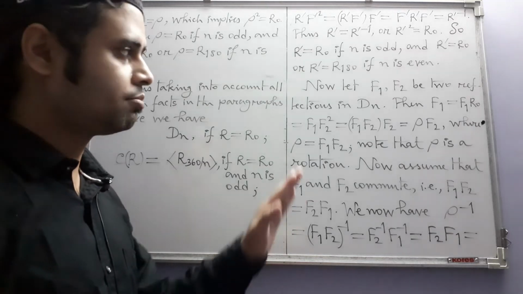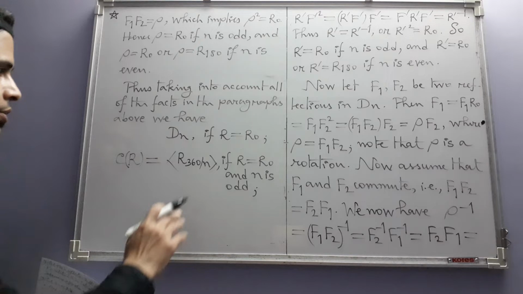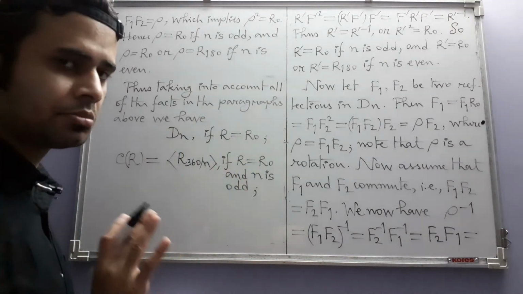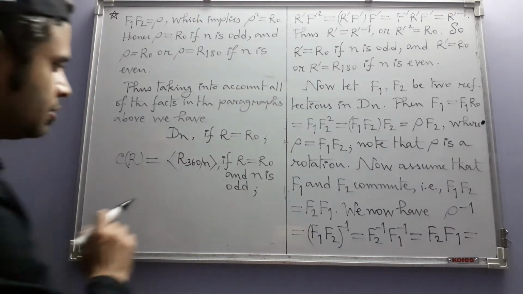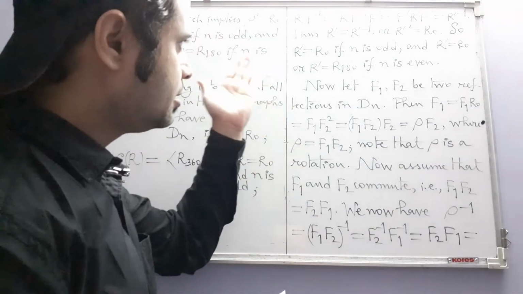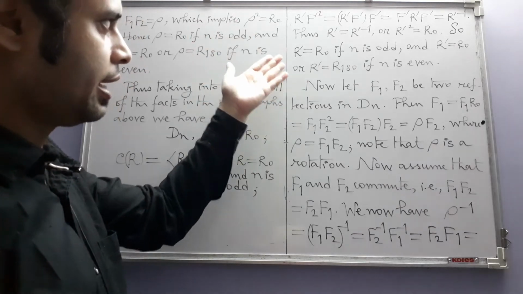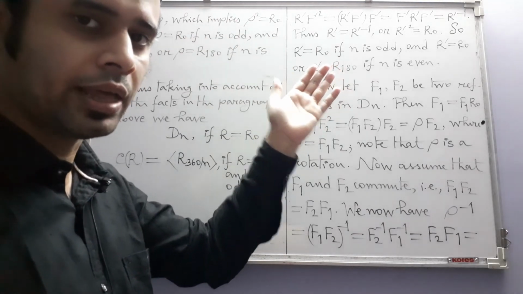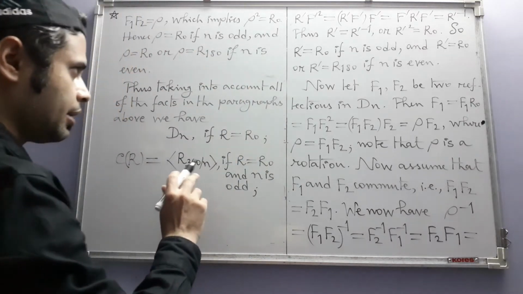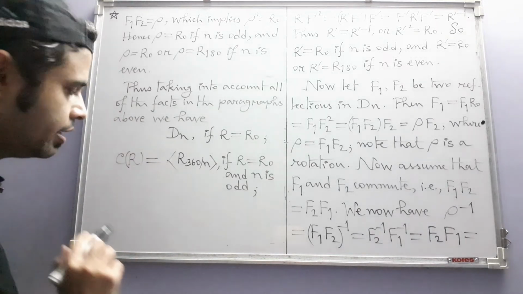Then we come to the case when n is even. We have already seen what happens when R is equal to R naught, so we need not say anything about it once more. Now, if R is equal to R180, then again any reflection commutes with that particular R. And so in that case again the centralizer of R is Dn.